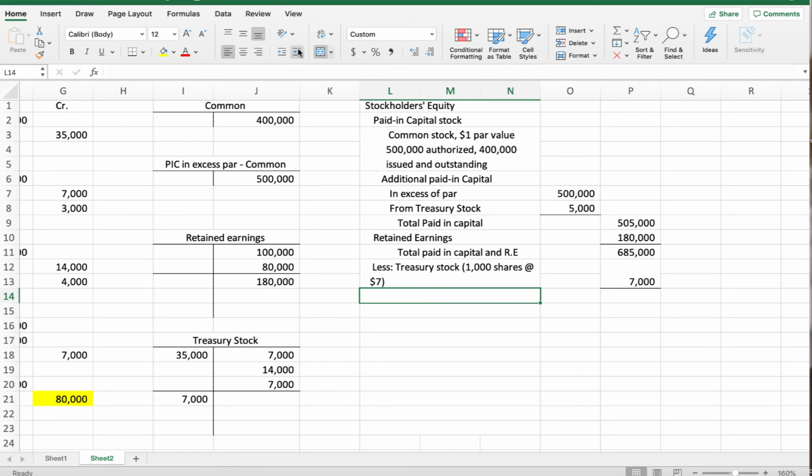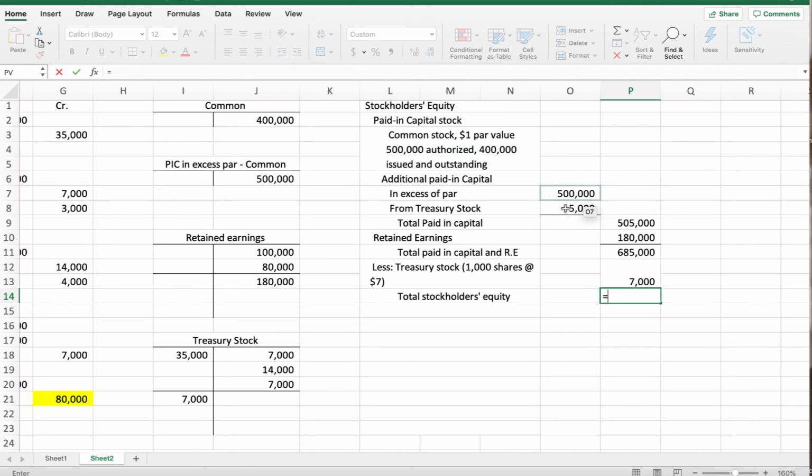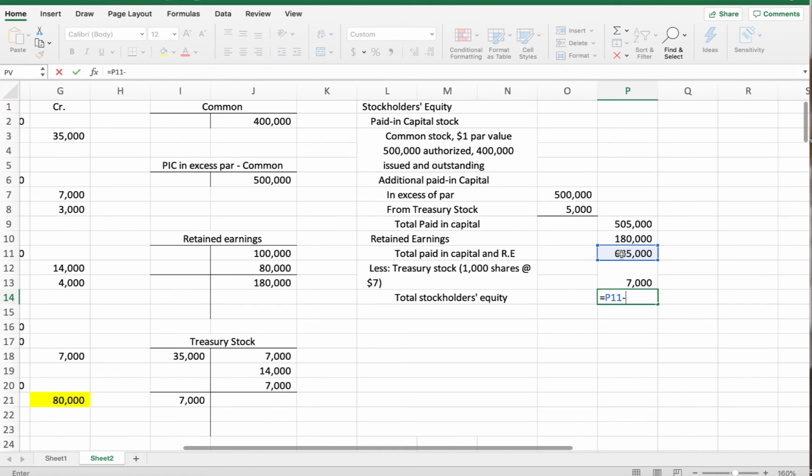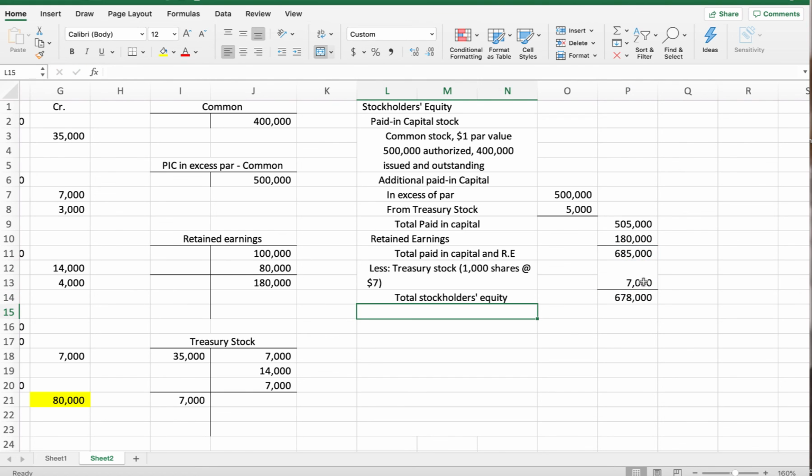So I'm going to indent 2, 3, 4 and say total stockholders' equity. Okay? And what does that equal? Well, 68.5 minus 7,000 should be $687,000. So I'm off a little bit compared to the book, and that's okay, right?